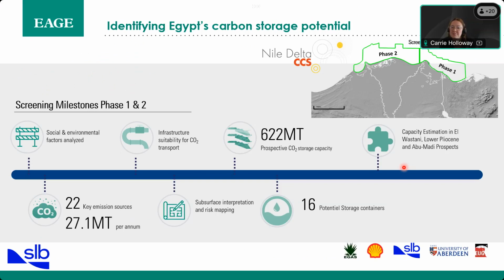It was a wide-ranging project which considered the multiple elements of storage, looking at emission source, social impact, infrastructure as well. And at the core, it was a play-based approach, as I discussed in the previous example. And this resulted in identifying over 622 million tons of prospective CO2 storage.